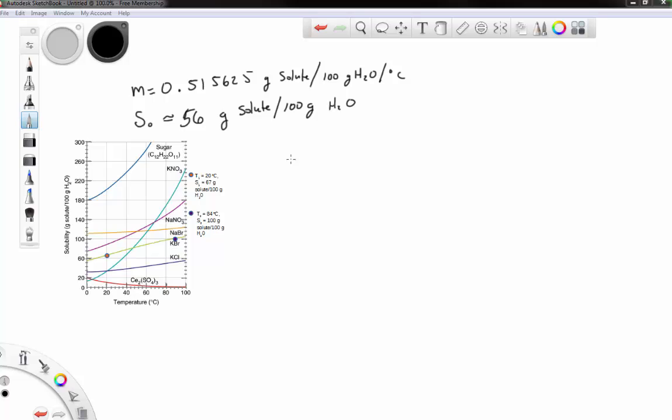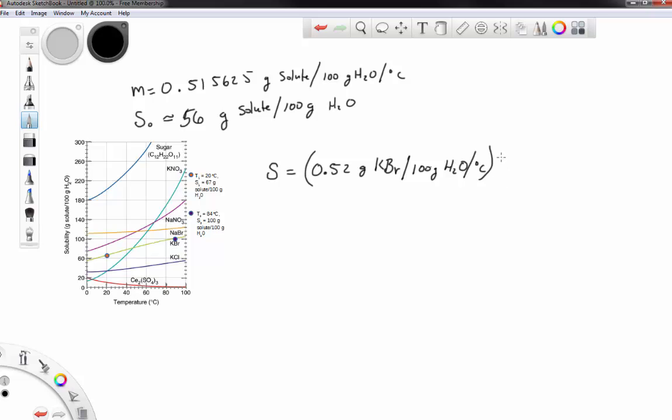So basically what this means is that if I was going to try to write out an equation for this thing using the numbers that I have given, it would probably look something like this. The solubility of this potassium bromide is going to look like about, let's say, 0.52 grams of potassium bromide per 100 grams H2O per degree Celsius.